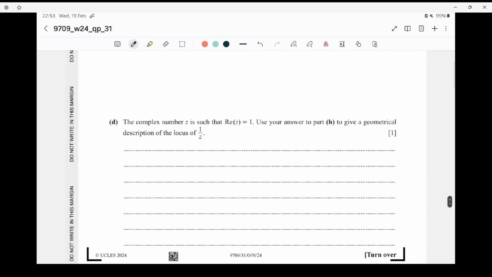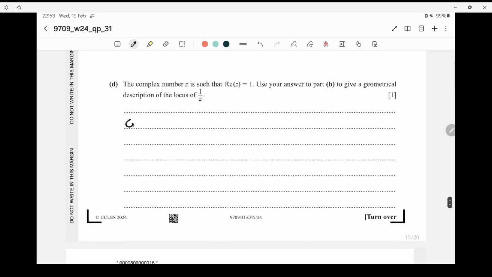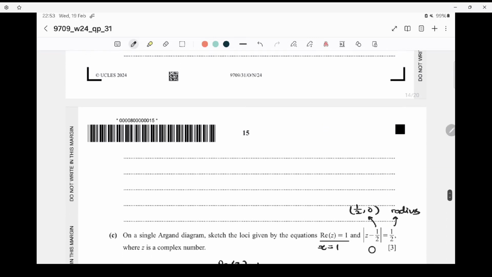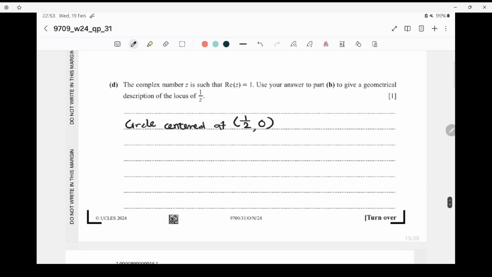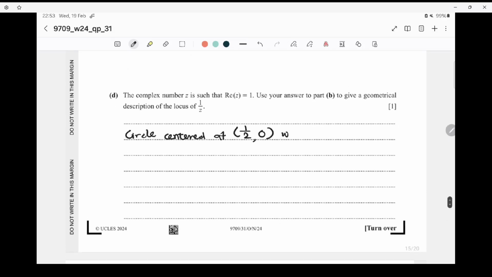So essentially this means that this is a circle centered at 1 over 2, 0. So why 1 over 2, 0? Because of this. The radius is the square root of 1 over 4, which is 1 over 2.